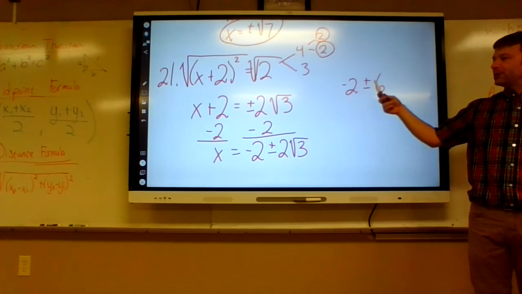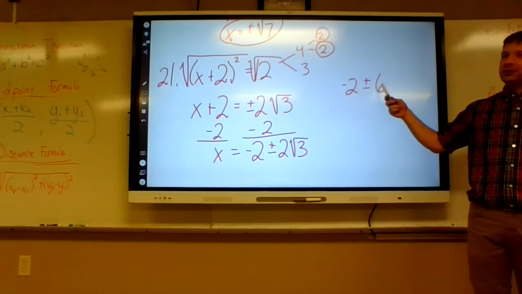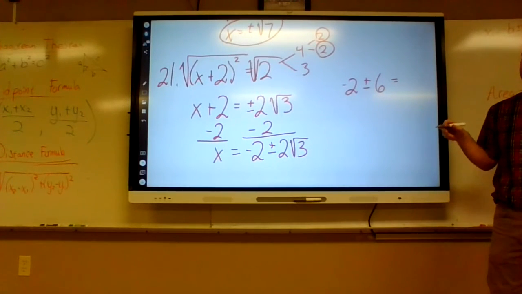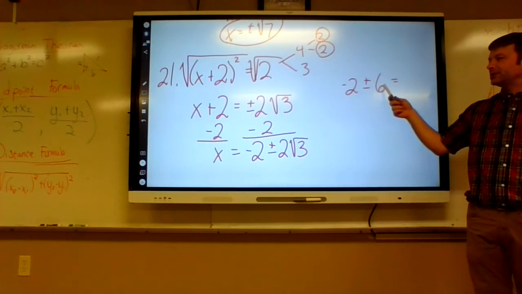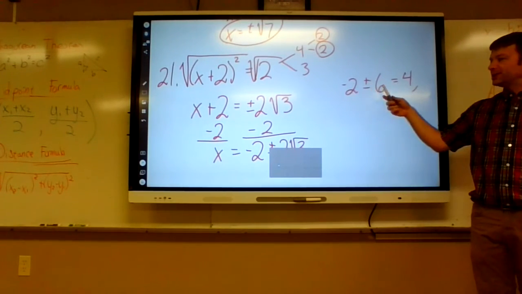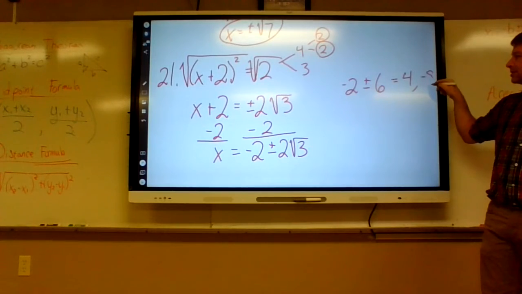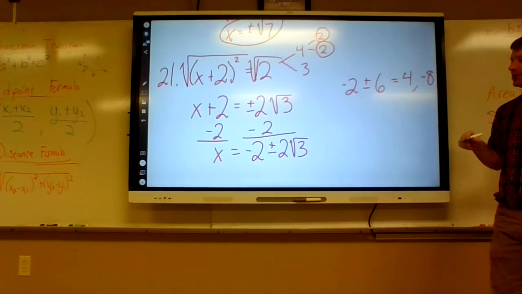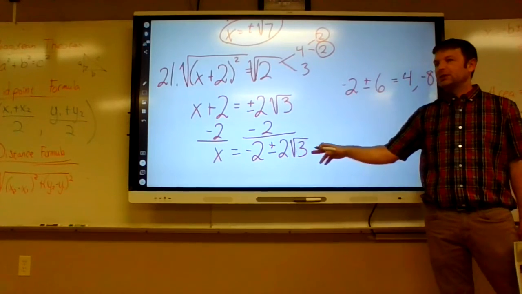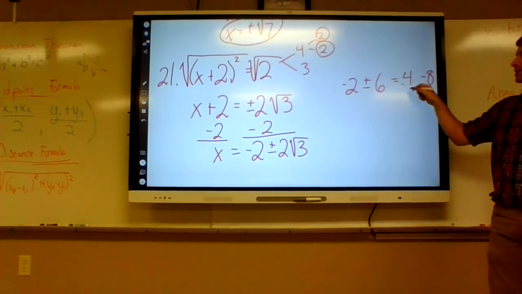Now, negative 2 plus or minus 6, you can actually solve this. What is negative 2 plus or minus 6? What's negative 2 plus 6? And what's negative 2 minus 6? Negative 8. So on 22, yes, it's very similar to this, except there's not a square root, so you can actually solve it completely.